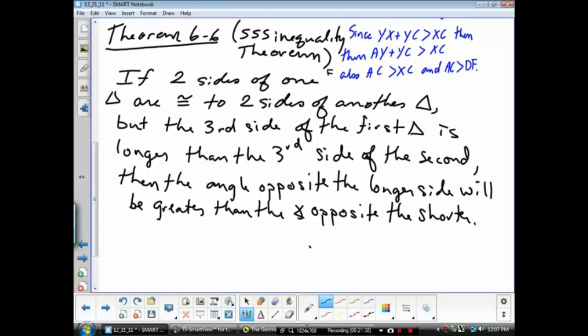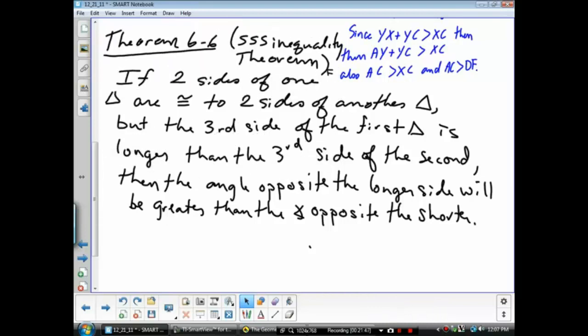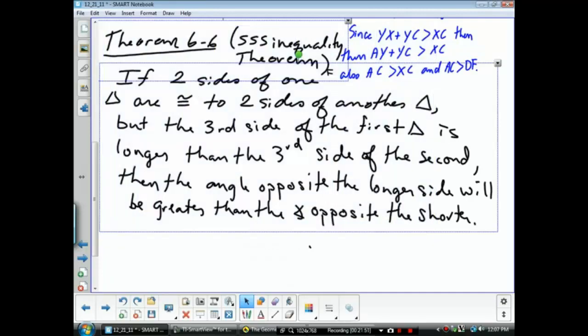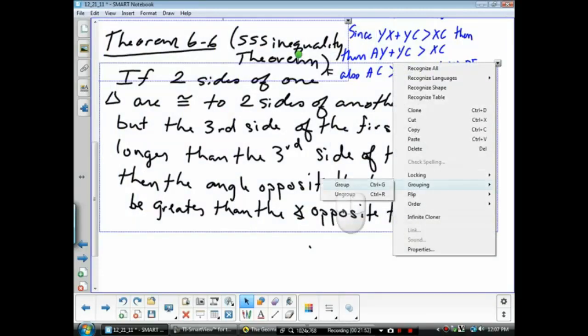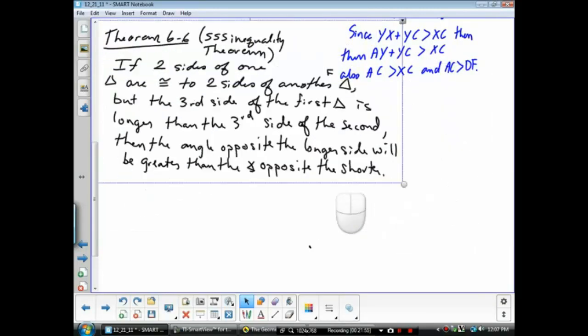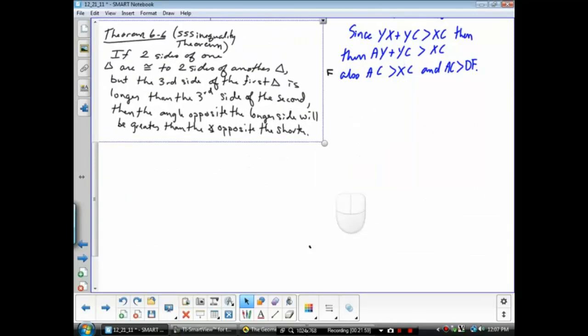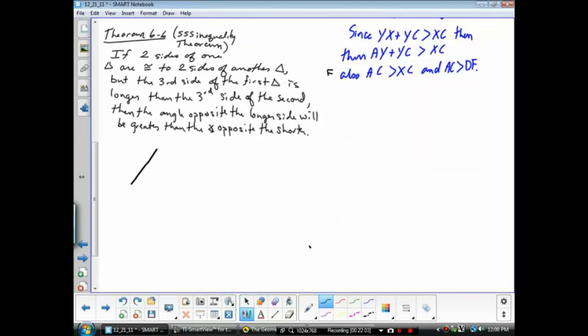All right. So we have two triangles then, and we're going to have congruent sides. So these two sides are going to be congruent in both triangles.